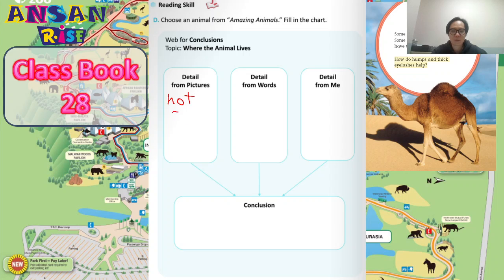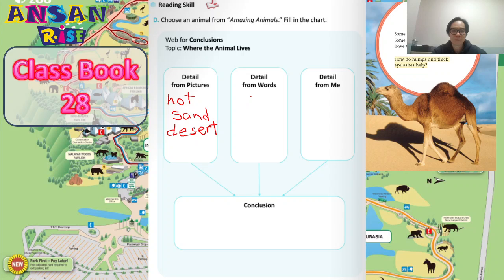And there's lots of sand because it's a desert. So I can see this just from the pictures.